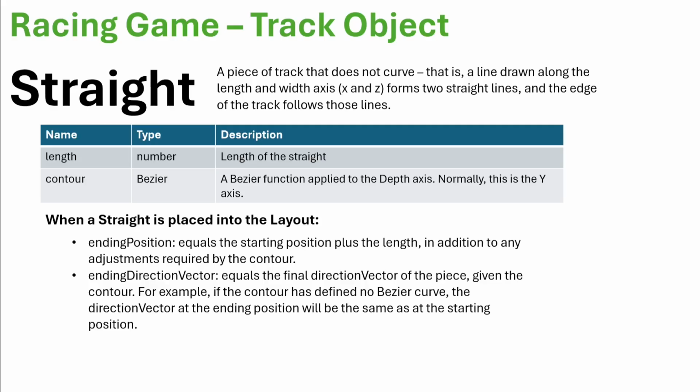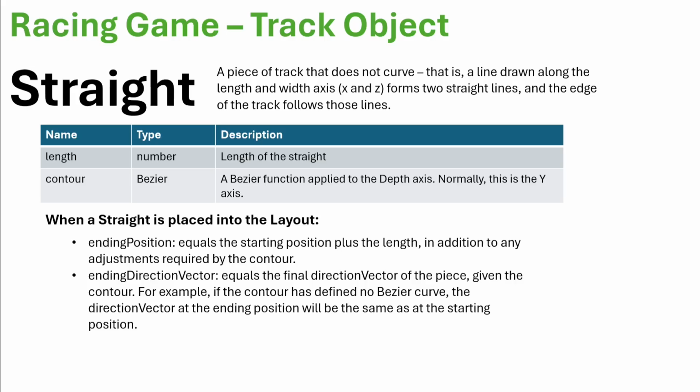Now, a Bezier curve will, by definition, automatically change that ending direction vector. So, for instance, if we had an incline at 45 degrees, and we applied a Bezier curve where the end of the straight is at 0 degrees, then the starting direction vector is going to be 45 degrees, while the ending direction vector is going to be 0 degrees.